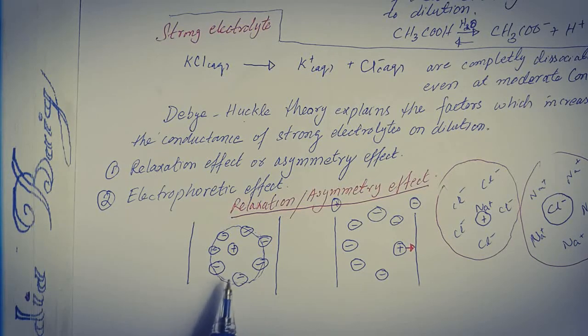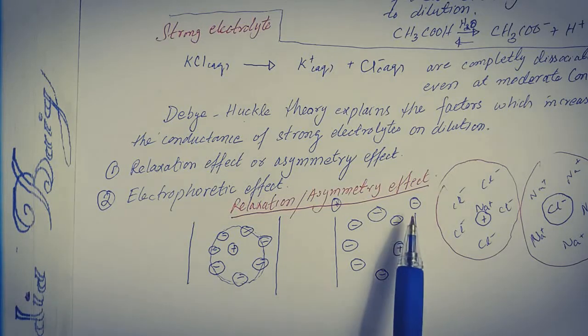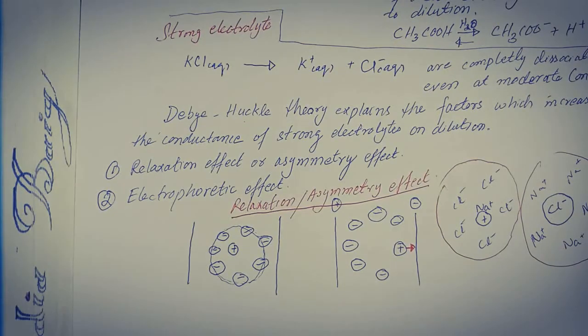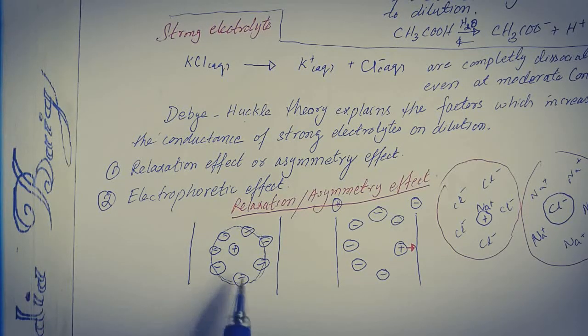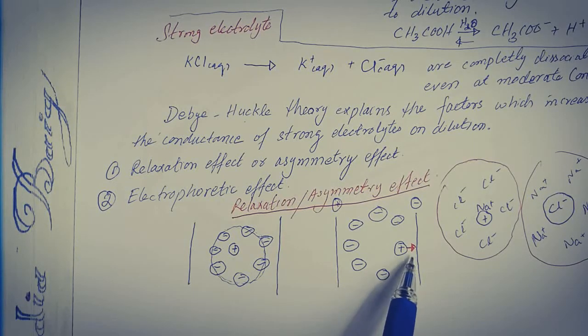Now let's take an example. Here we have a central positive ion that is surrounded symmetrically by counter ions. When a current is passed through the solution by application of current to the two oppositely charged electrodes, the central ion of the ionic sphere moves towards the oppositely charged electrode.